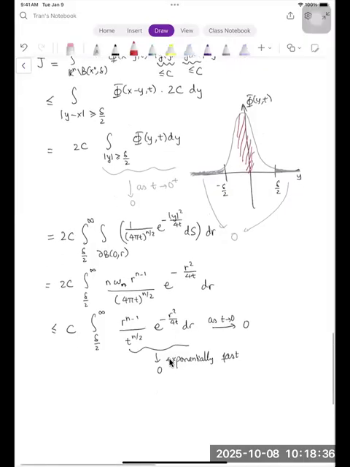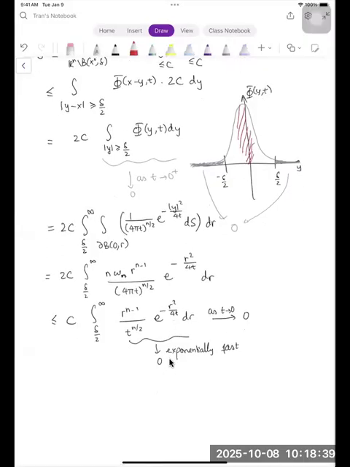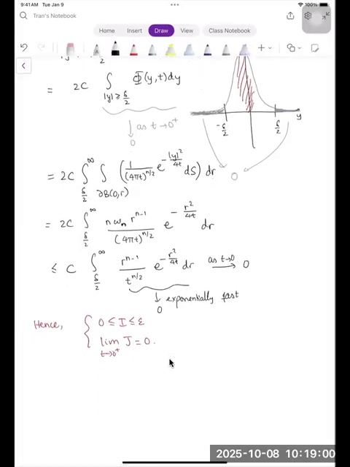Okay, yeah. So hence what do we have? Let me write down the conclusion here: I have 0 is less than or equal to I, less than or equal to epsilon, and the limit as t goes to 0 plus of J is 0, right? So that's the conclusion. And that means that we should have the limit as (x,t) goes to (x0, 0) of u(x,t) minus g of x0.